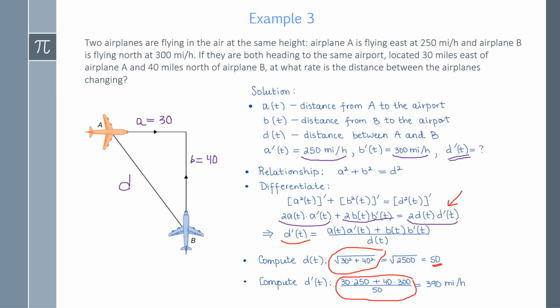So this distance right here between the two planes is decreasing at the rate of 390 miles per hour. So here's another problem where we use a right triangle and the Pythagorean theorem as the main relationship in order to find one of the rates that's related to the other rates.